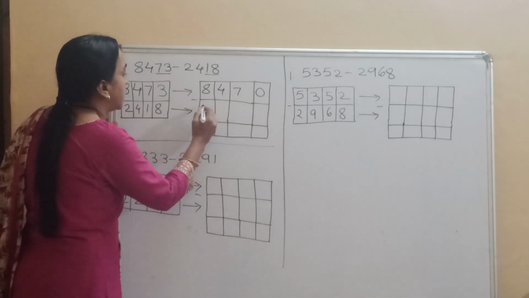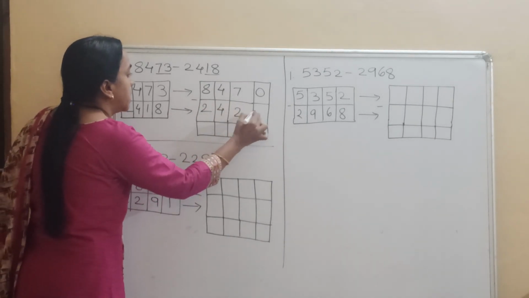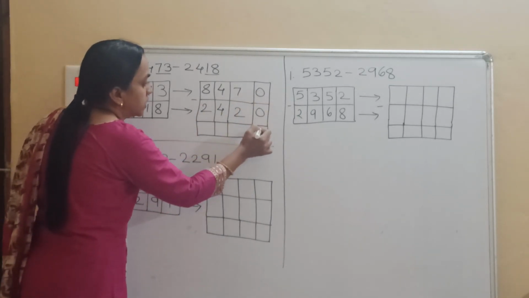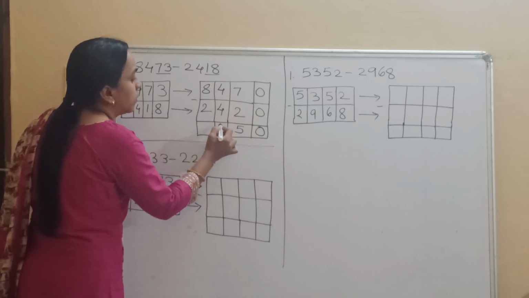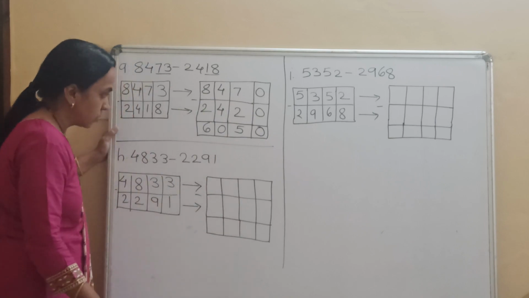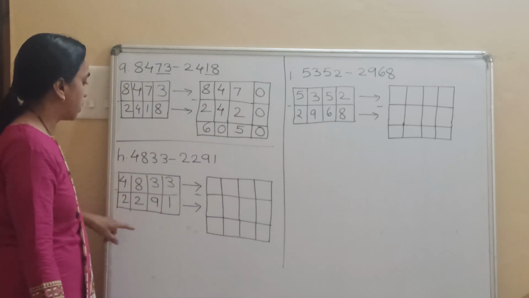This 18 is very much closer to 20. So 2420. Okay, now see, do the subtraction. 0 minus 0, 0. 7 minus 2, 5. 4 minus 4, 0. 8 minus 2, 6. So what is our answer? 6050.